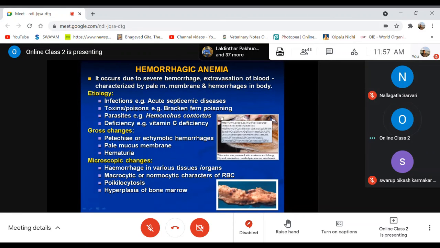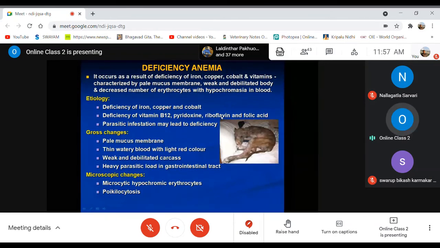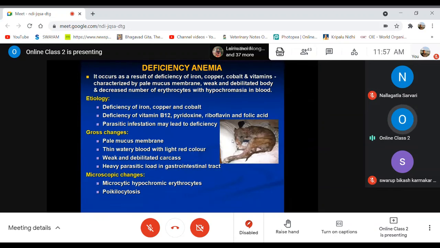Okay, then the next type is deficiency anemia, which occurs most commonly due to deficiency of iron, copper, cobalt, as well as vitamins. In such cases, deficiency of minerals and vitamins leads to anemia, when the animal or human has too much deficiency of these minerals, mostly iron, copper, cobalt, and many of the vitamins.